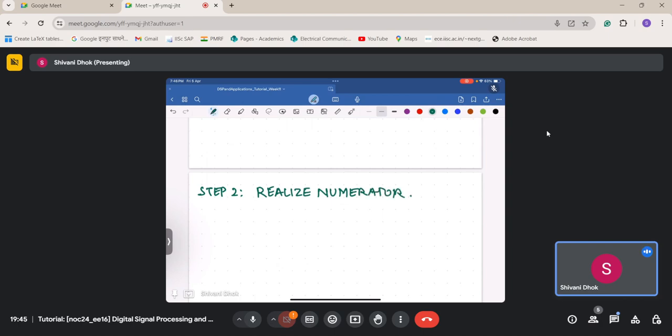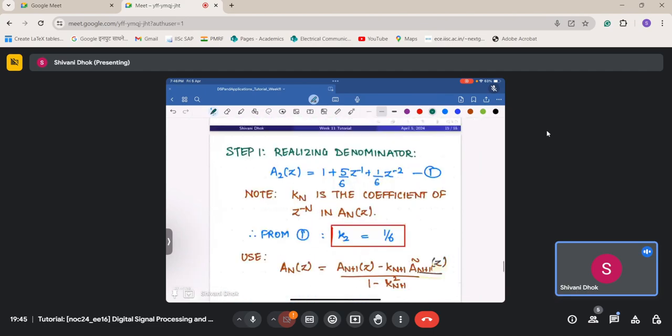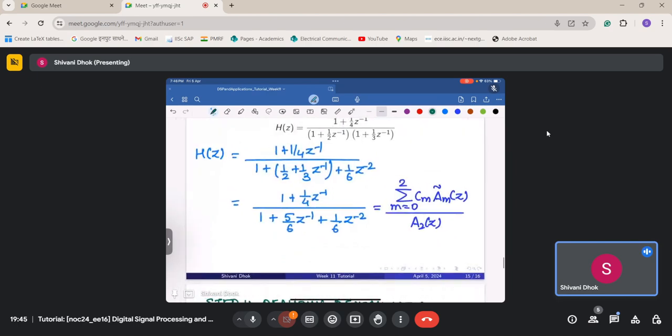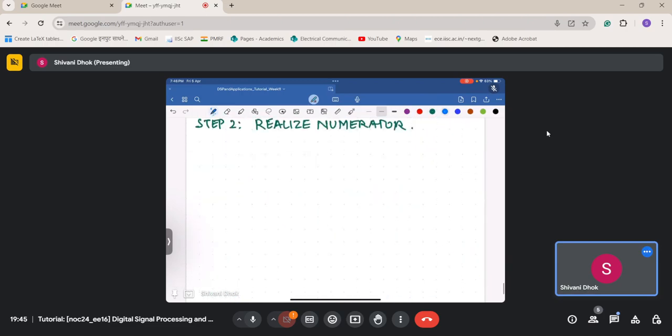So in the numerator, what do we have? If we go back to this very initial stage where we wrote it, this numerator is equal to this quantity here. Let me write it down properly: summation m equal to 0 to 2 of cm into am tilde z is equal to the numerator, which is 1 plus 1 by 4 z inverse.